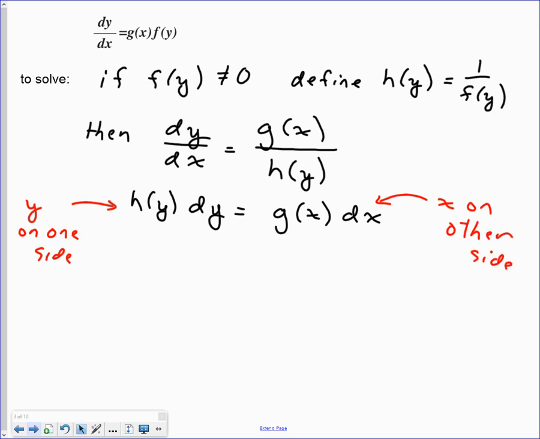then we can take both of these sides and we can integrate them. Okay. So on one side, we're going to be integrating with respect to y. On the other side, we're going to be integrating with respect to x.